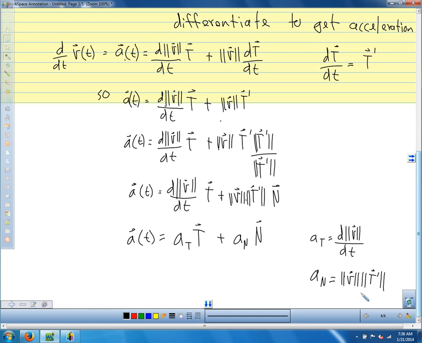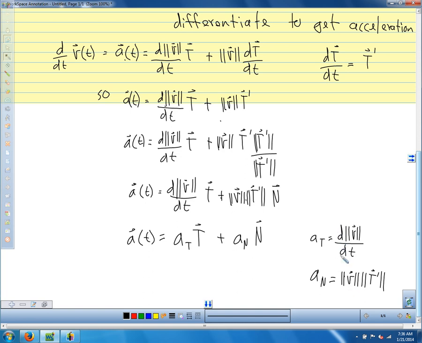So what we've accomplished here is written the acceleration vector as a component tangential to the curve and a component normal to the curve. So we've broken our acceleration vector down into those two components. And we've accomplished two things by doing this. We found expressions for the tangential and normal components of acceleration. And I'm going to switch pages here. So we found our tangential and normal components of acceleration.